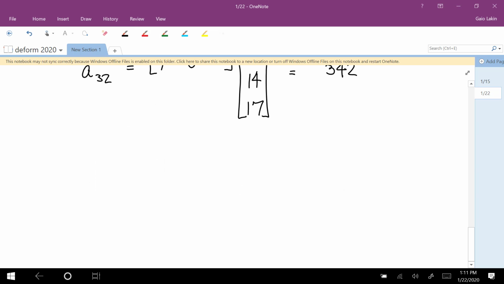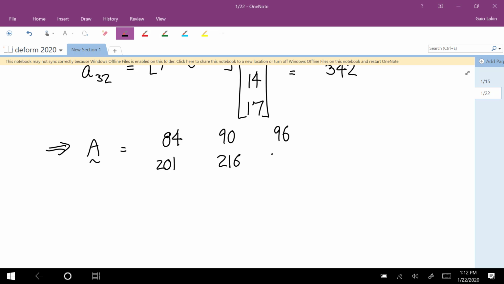And so when you put this all together, this matrix A comes out to be 84, 90, 96, 201, 216, and mine says 31. I must have erased something there.